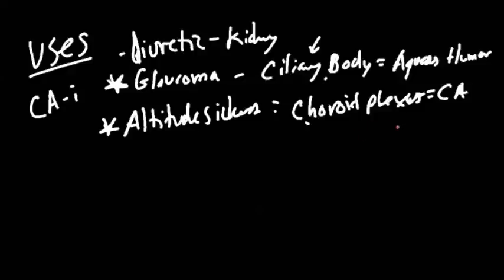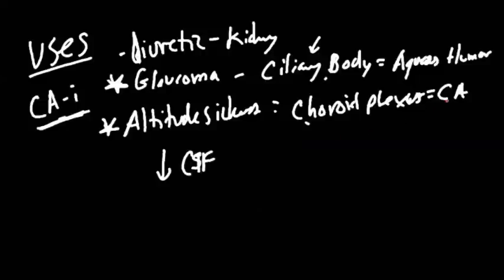Ciliary body contains carbonic anhydrase, your kidney contains carbonic anhydrase, your choroid plexus in the development of cerebral spinal fluid contains carbonic anhydrase. So in altitude sickness, if you go up to altitude, there's decreased oxygen in the air. And you can get symptoms of hypoxia when you have altitude sickness. You're thinking, still don't see the connection. Okay, so we give a carbonic anhydrase inhibitor.